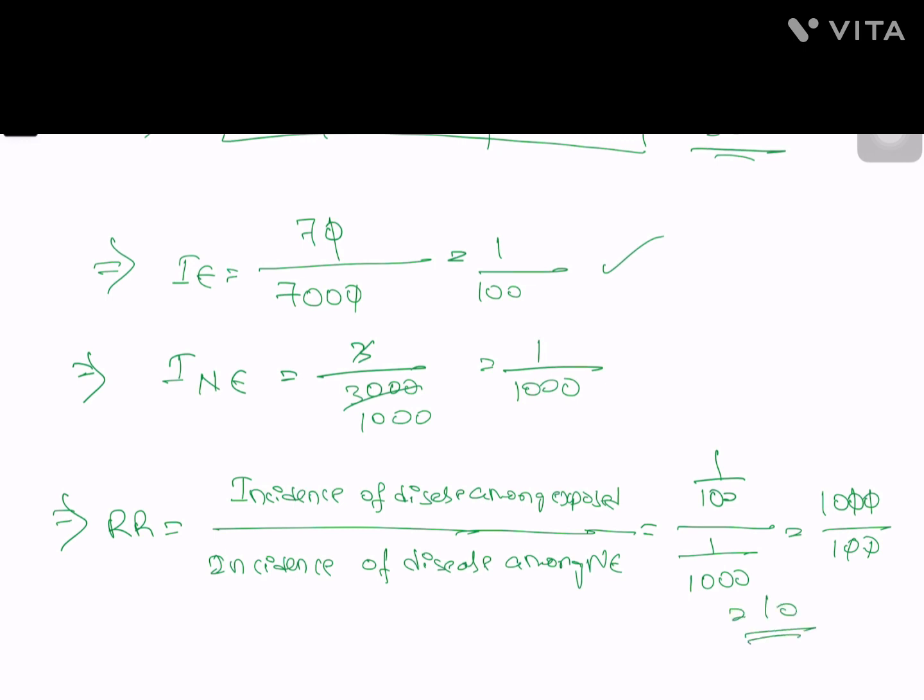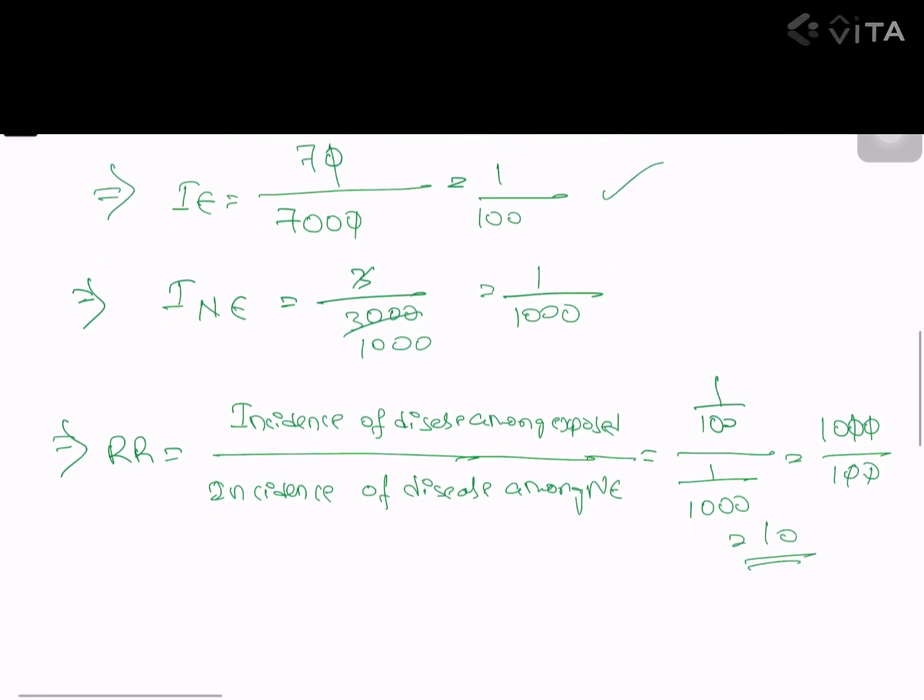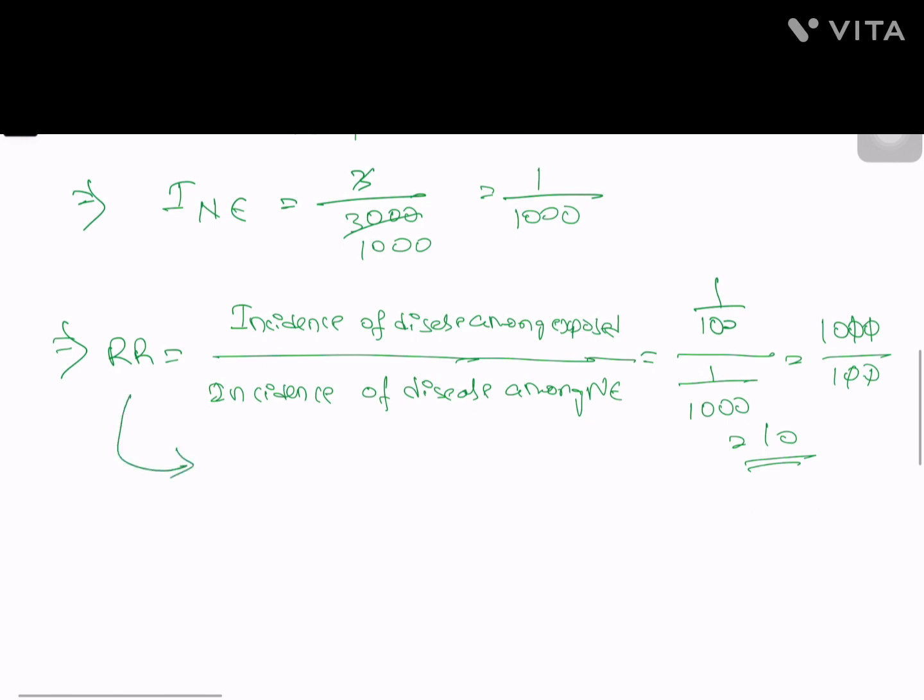So what should be our interpretation? If relative risk is more than one, the association is said to be positive. If it is 1, no association.